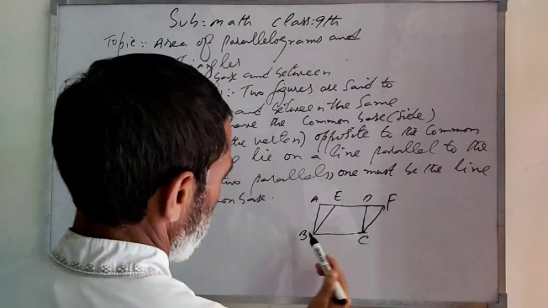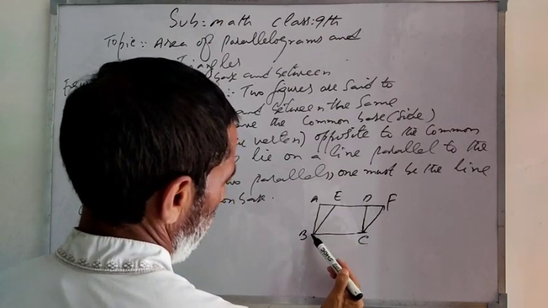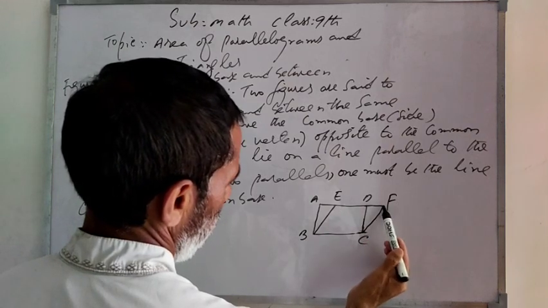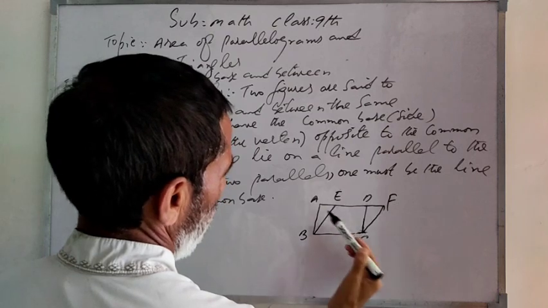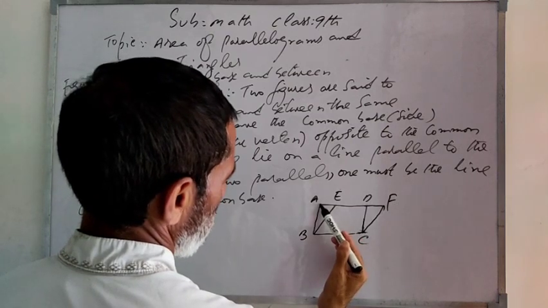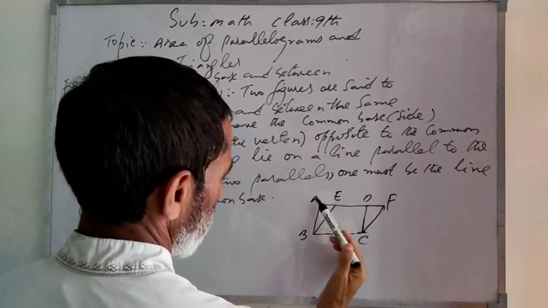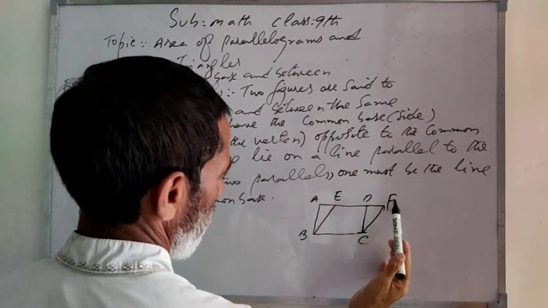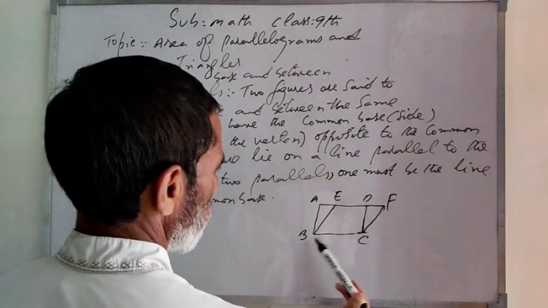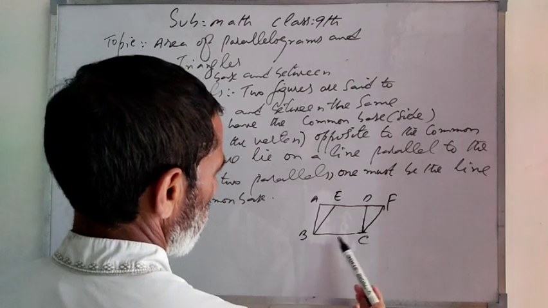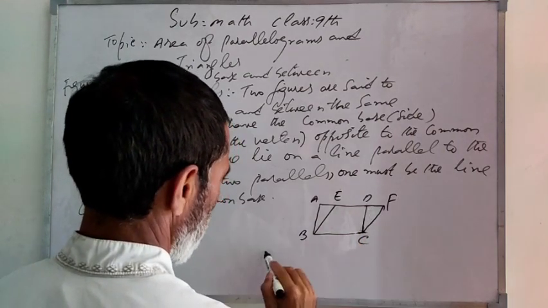Here two parallelograms ABCD and BCEF are on the same base BC, and between the same parallel lines AF and BC. The opposite vertices, that is A, E, D and F, are opposite to the common base, which is BC. These are the figures which are on the same base and between the same parallels.